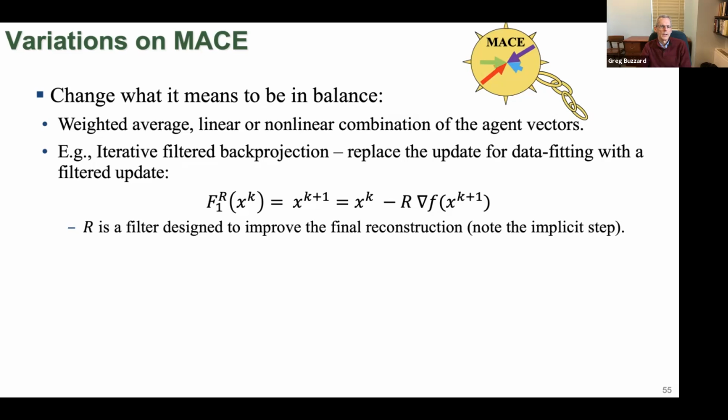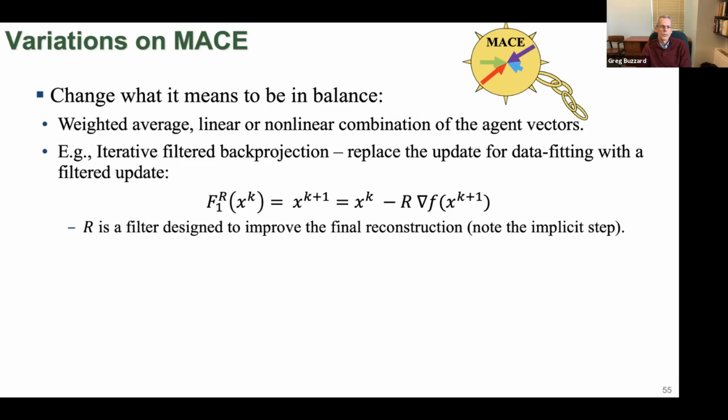So here we have an implicit gradient descent step, and that's equivalent to a proximal map when f is a smooth function. Iterative filtered back projection essentially tries to replace this with a non-symmetric, often a non-symmetric matrix R. It's the filter designed to improve the final reconstruction, but we still get this kind of implicit update step.